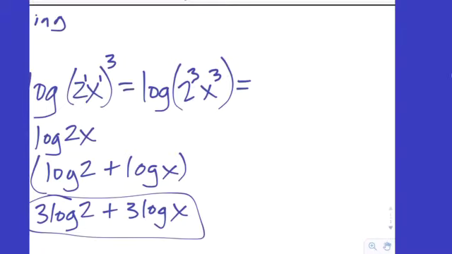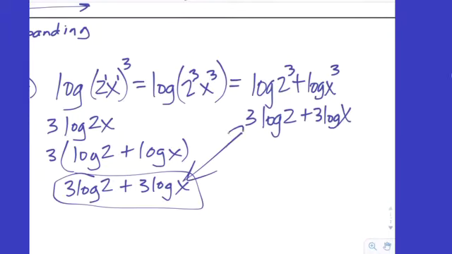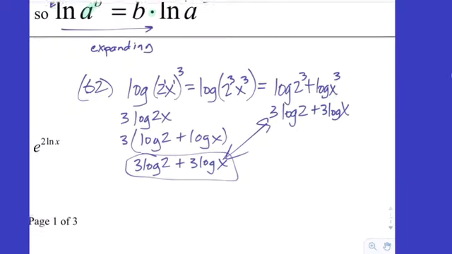It's a product first, so that would be log of 2 cubed plus log of x cubed. And then on each of them, you could bring the 3 out front. 3 log base 10 of 2 plus 3 log base 10 of x. And that's the exact same answer we got right there. So just like with the exponents, there's certain sequences you could take, and as long as you're not breaking any of those rules, you're going to get the same answer in the end.